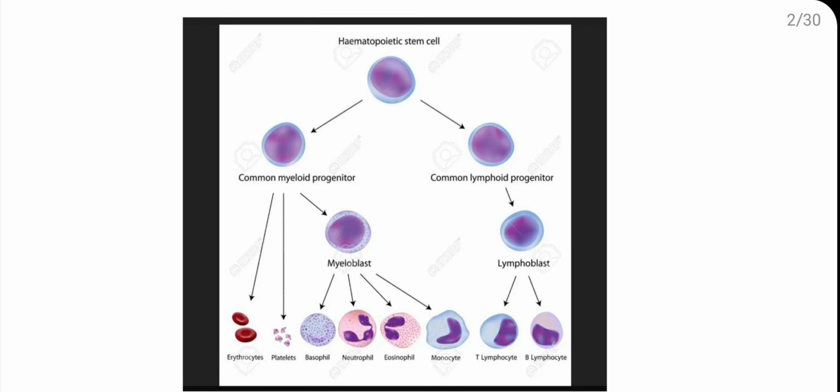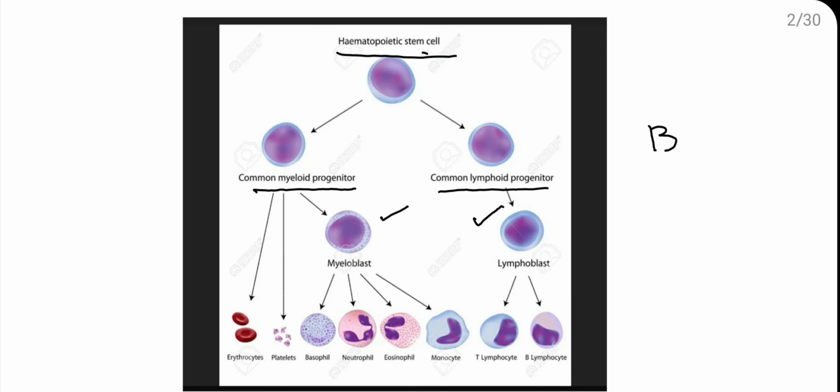the hematopoietic stem cell. In case of hematopoietic stem cell, we have common myeloid progenitor and common lymphoid progenitor. That is, we have myeloid series, we have lymphoid series. In myeloid series, the first and foremost immature form is myeloblast. In lymphoid series, the immature form is lymphoblast.